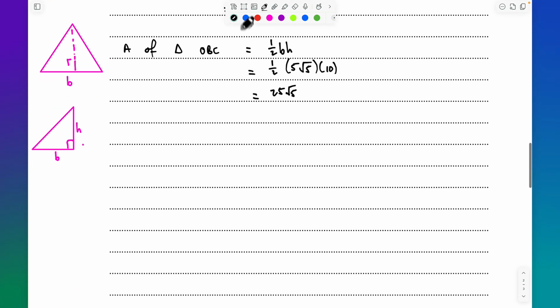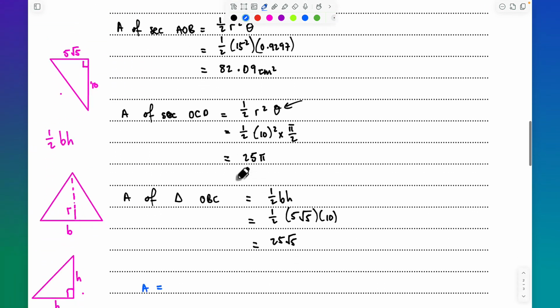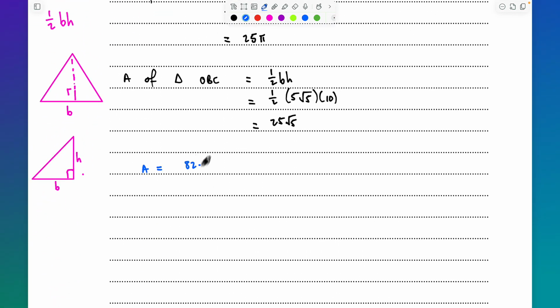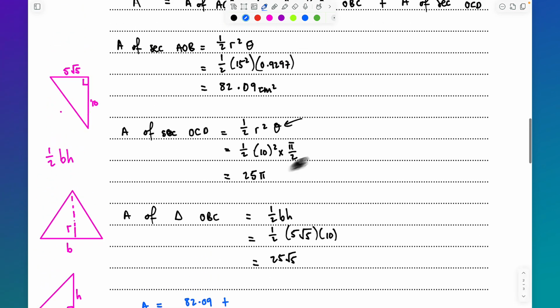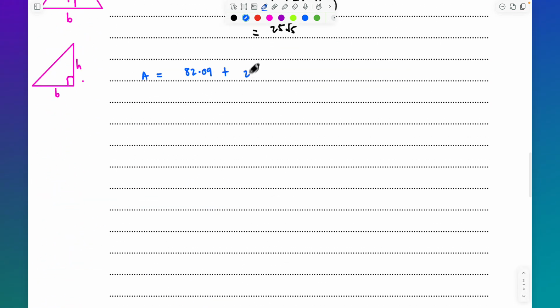So now all we just need to do is add, right? So that's going to be area is equal to the first one, which was 82.09, plus the 25 pi plus the other area, which is 25 root 5, and all you just need to do is plug this into your calculator. I'm going to take the exact value that I had gotten from my calculator for the first sector, and I want to add 25 pi plus 25 root 5, and I get 216.5.